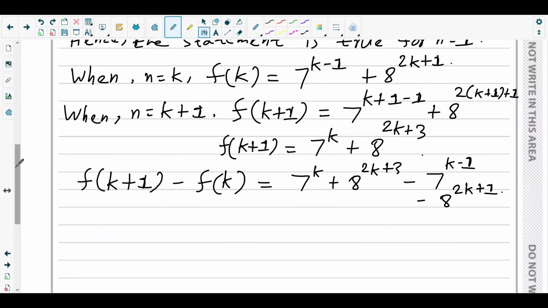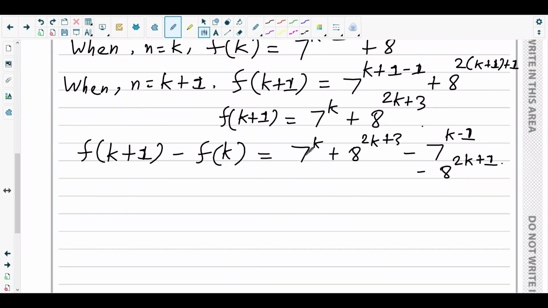Now we got 7 to the power k, and here we got 7 to the power k minus 1. So 7 to the power k can be written as 7 to the power k minus 1 plus 1. Why am I doing this? To make it similar to this one.